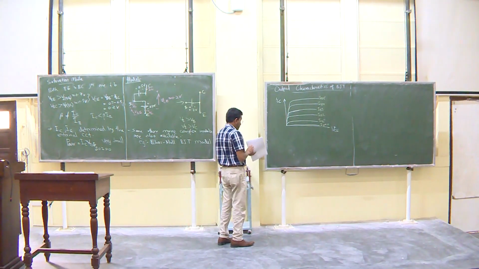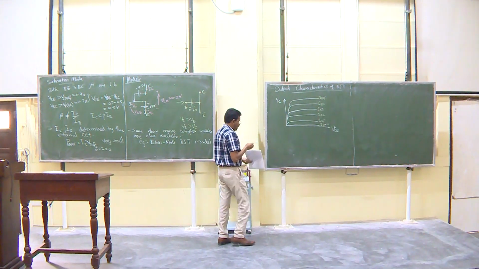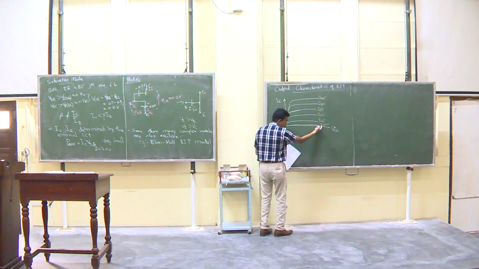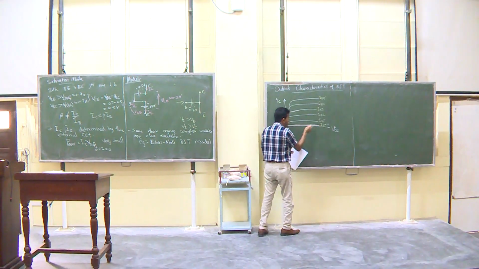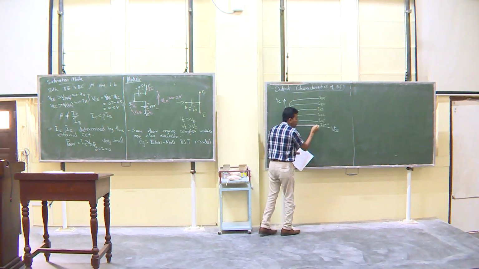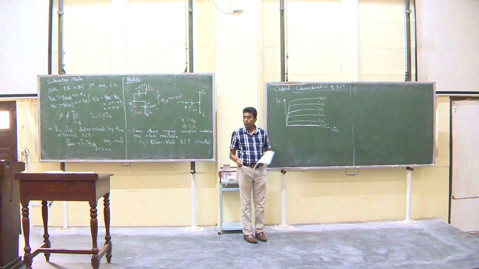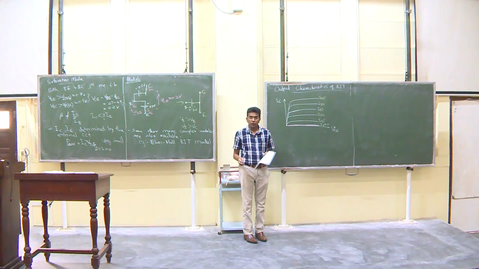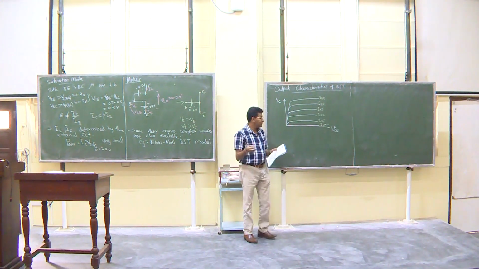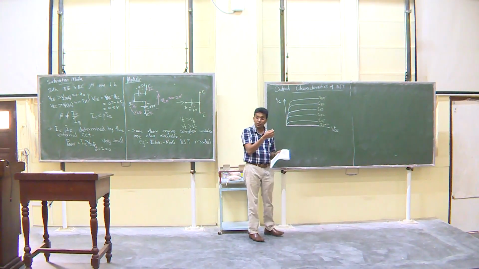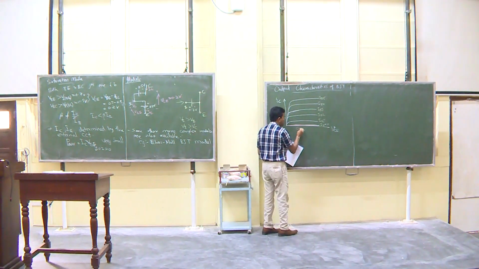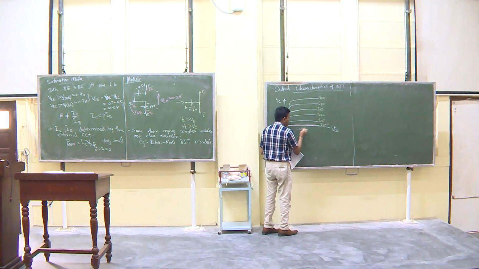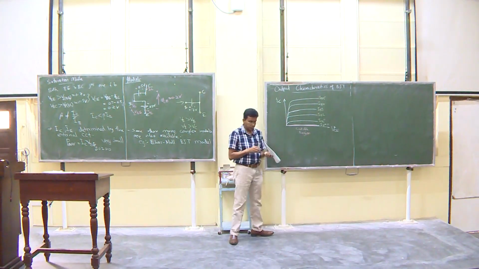Where this IB is equal to 0, this region, what do you call this? What mode? When the transistor has IB equal to 0, we call this the cutoff region, right? It's called the cutoff region.